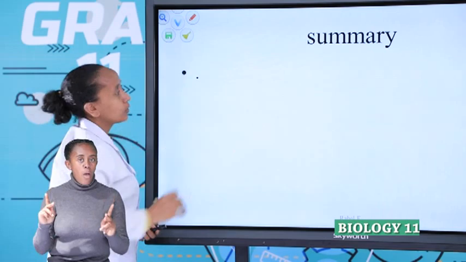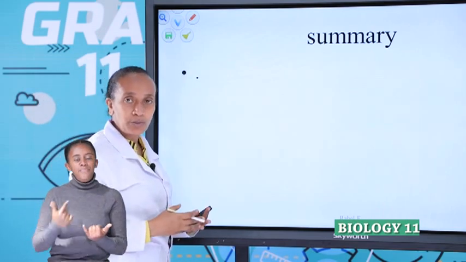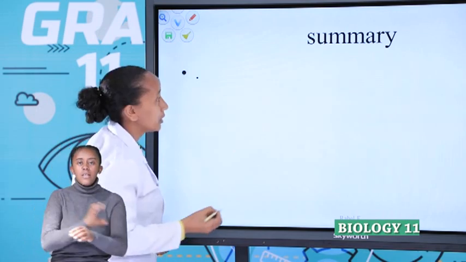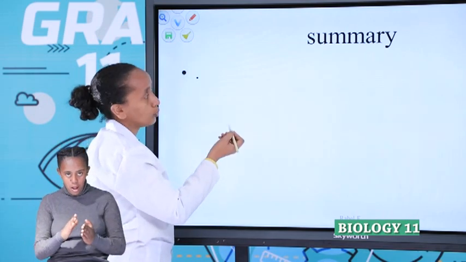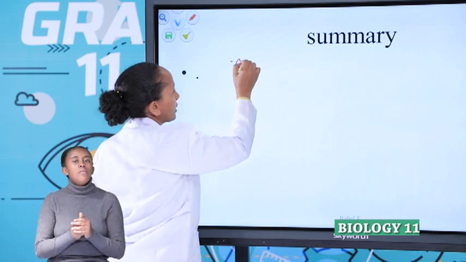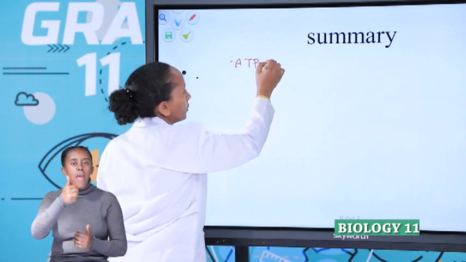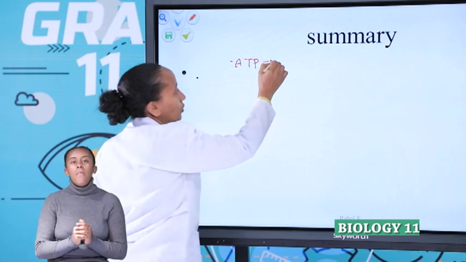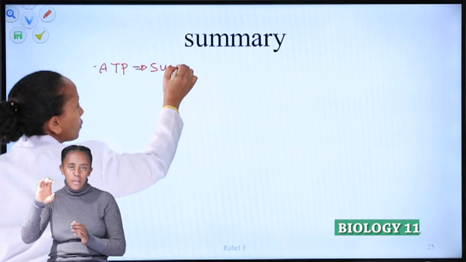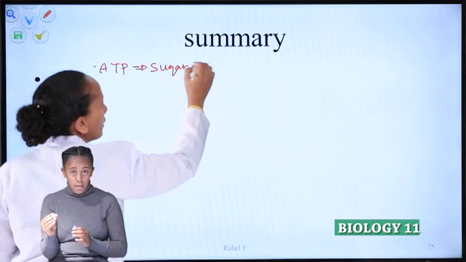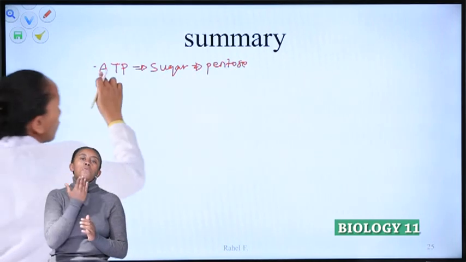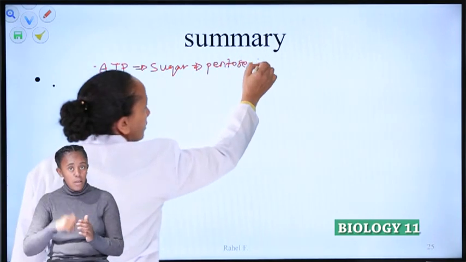Okay, students, up to now we have seen how ATP is synthesized and how cellular respiration is used in the cell to produce ATP. The first point that we have discussed is ATP, which is a nucleotide with a sugar, and this sugar is the pentose sugar. In the case of ATP, the pentose sugar is ribose.